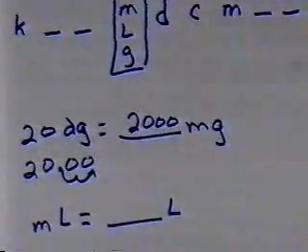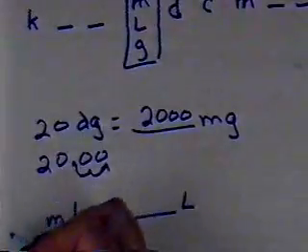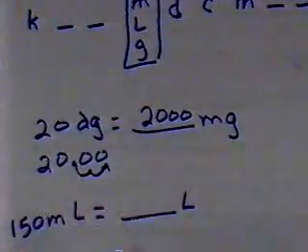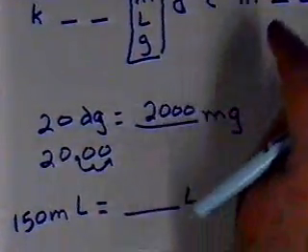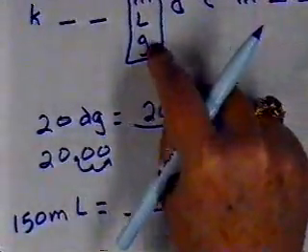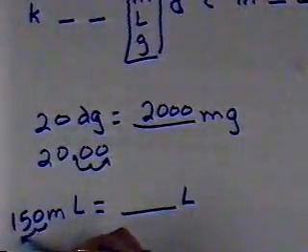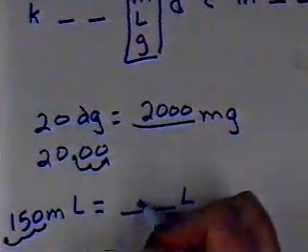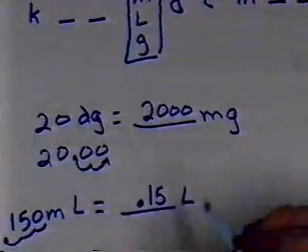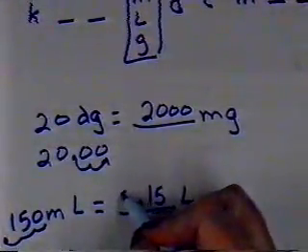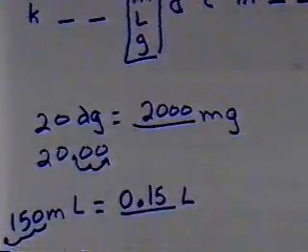So let's say that I had 150 milliliters. It's 1, 2, 3 to the left. And remember, when we put a decimal, we always have to put a 0 in front of it.